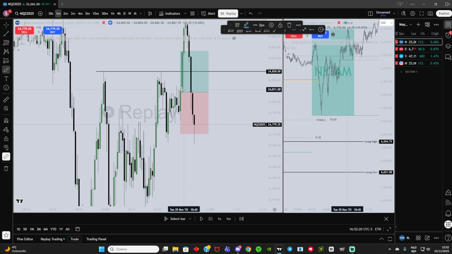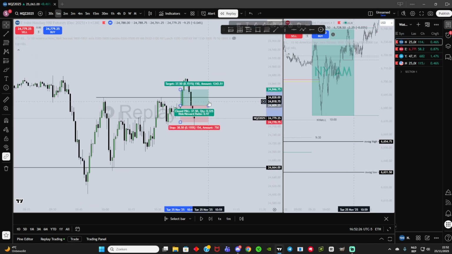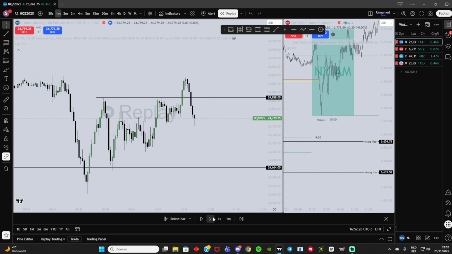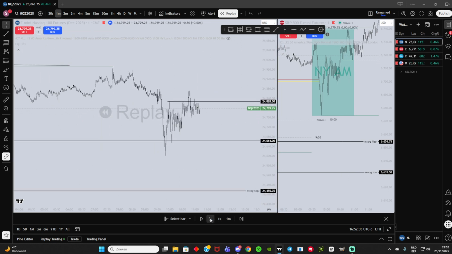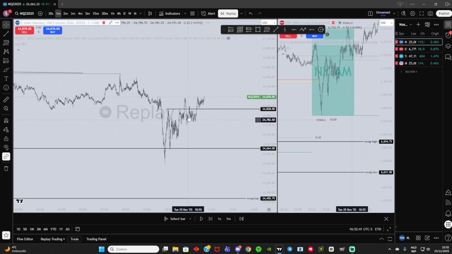Besides that, really nice setup, even though not having a 5 minute gap to get a continuation out of. My draw was right because after this we do continue higher. We chop a little bit, but we are gonna deliver higher. Look, we deliver higher to all those equal highs.